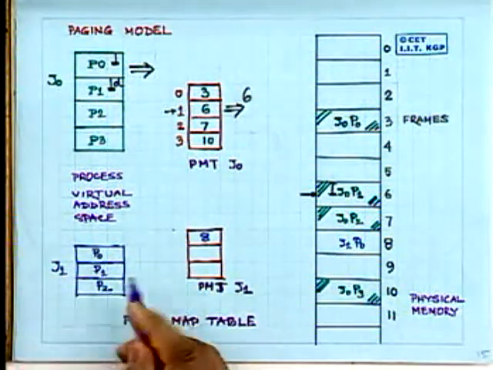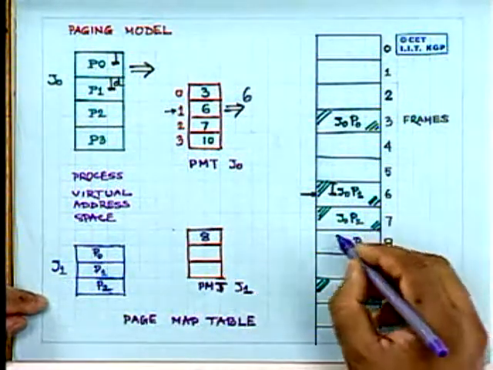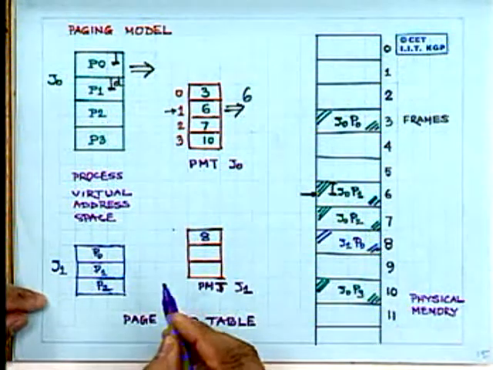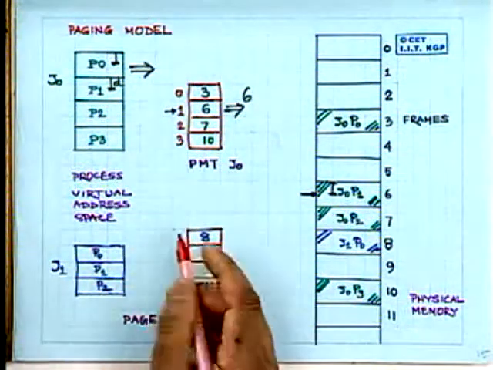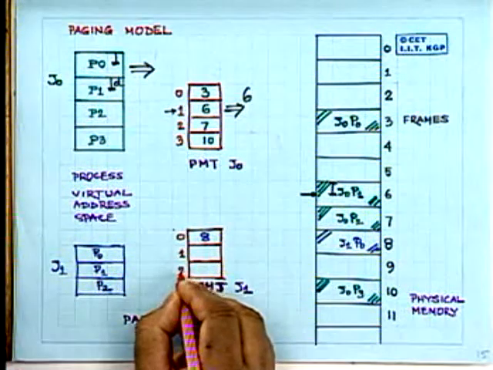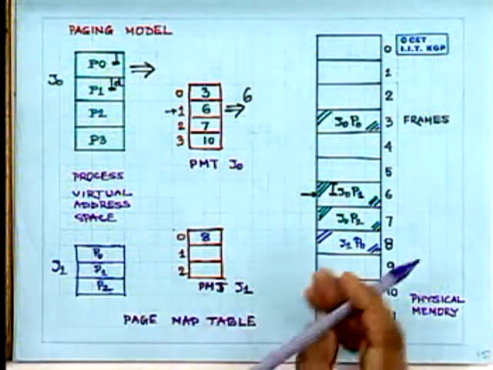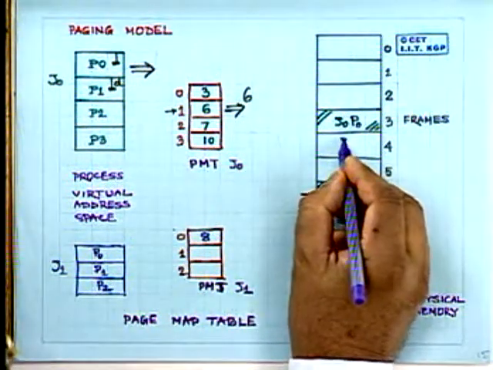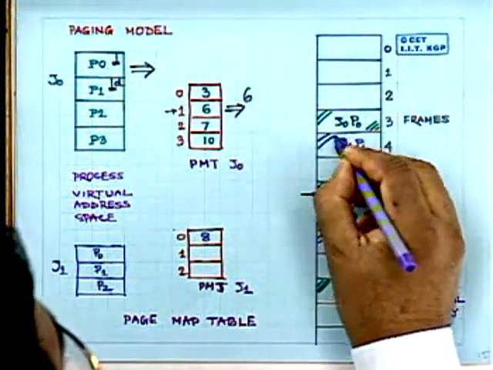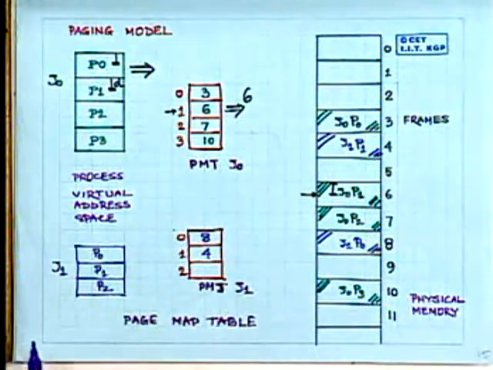Therefore, you see that page 0 of job J1 has been loaded here, this is now occupied, and this is the first page, and this is the second page of it. Say page 1 of job J1 has been loaded here. That means J1, page 1 is loaded here. Therefore, the frame number is 4.